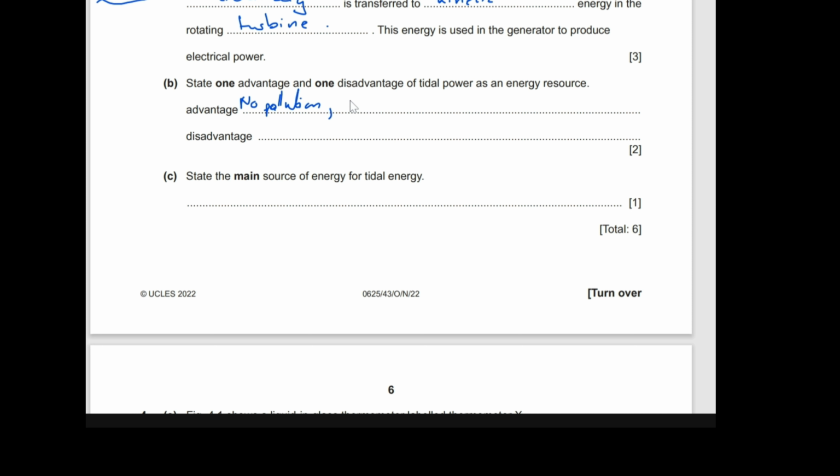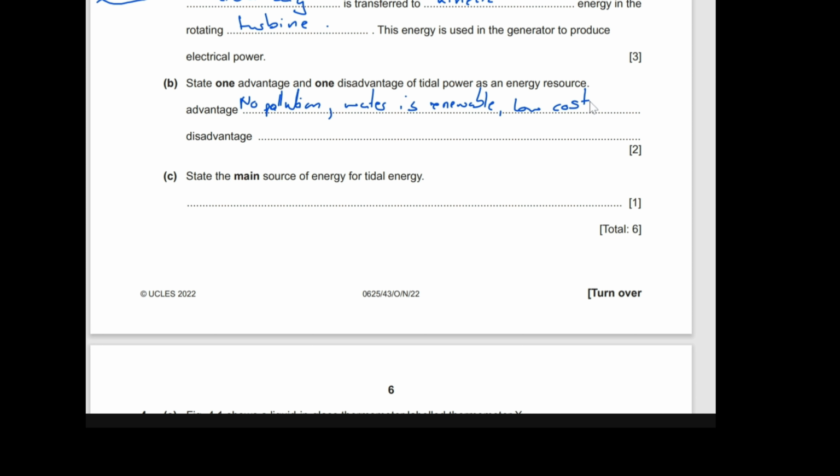Another advantage, water is renewable, because we are using water. You can think of another example, low cost as well.